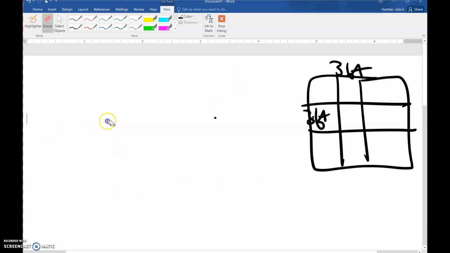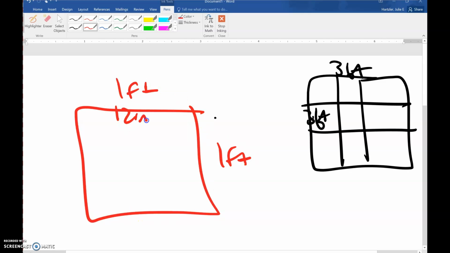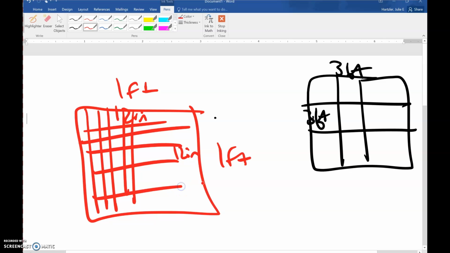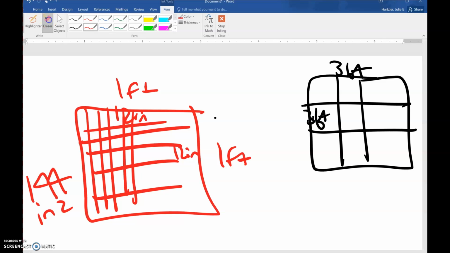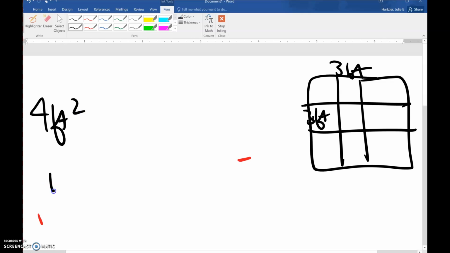You need to be careful with a square foot as well, because if it's a foot by a foot, that's really 12 inches by 12 inches. So there's actually 144 square inches in a square foot. So if I was going to do dimensional analysis and I was converting square feet to square inches, if I had 4 square feet, I would just write it twice, feet, feet.